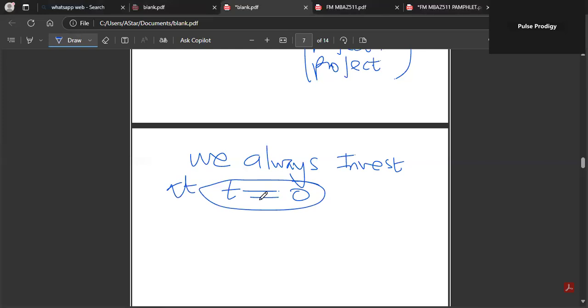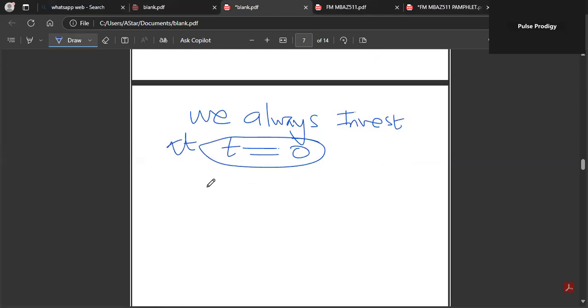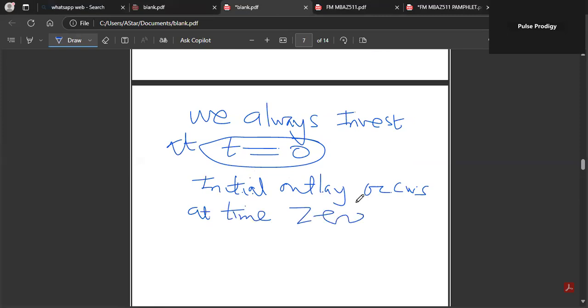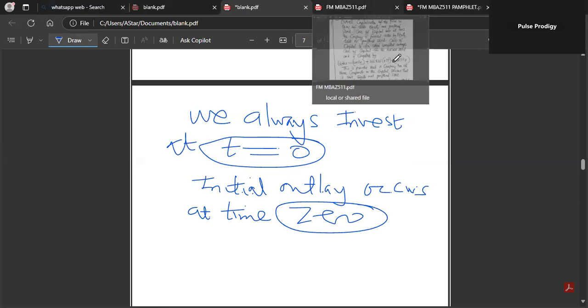At time 0, an investment is made. This is what we call initial outlay, which occurs at time 0. Now, the two projects that we have been given, let's check which project is viable.